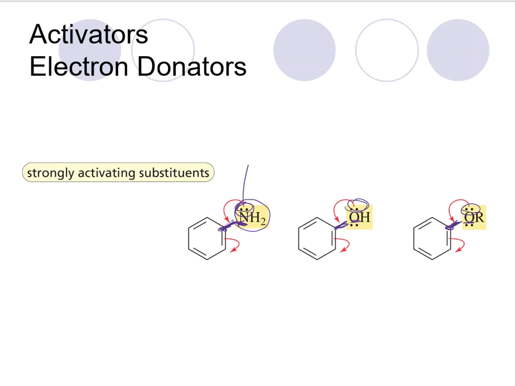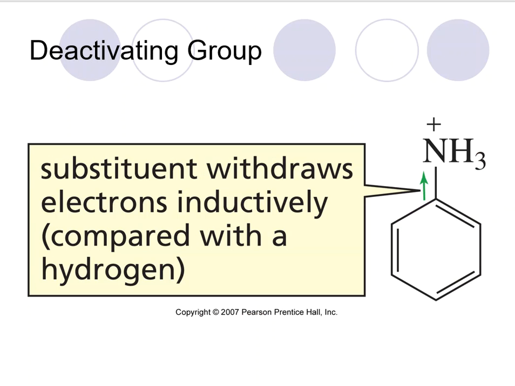So if I add an amine, a hydroxyl group, an alcohol, or an ether group, each one of these activates the ring and it makes it more reactive. However, if I have something on the ring, like a positive NH3, that positive charge is going to suck electrons out of that ring.